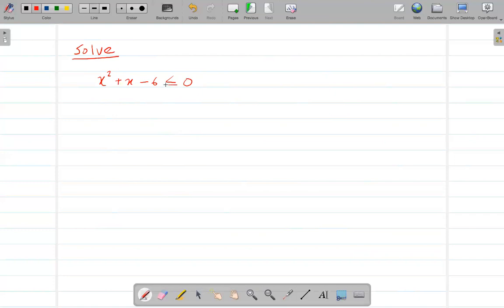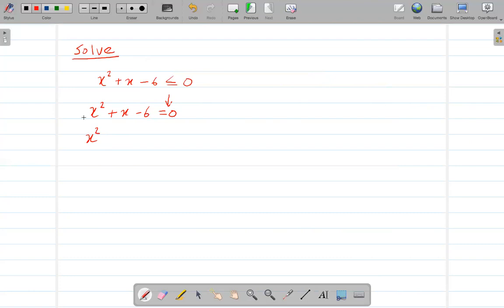All right, so now to solve a quadratic inequality, I'm pretty sure that you guys have done this in college algebra. So the idea here is first, let's just change this to an equal sign for right now, just to solve for x. So to solve for x, we get x squared.